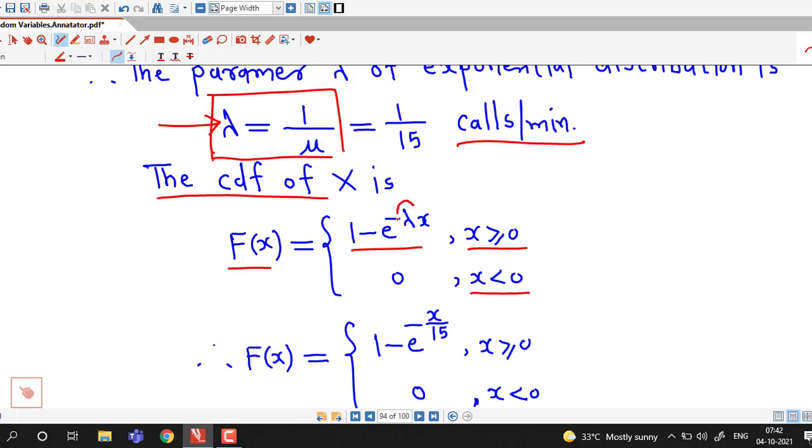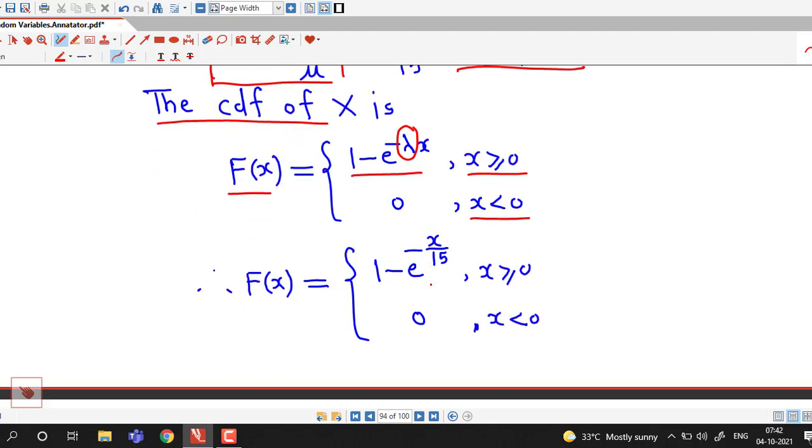Here we put lambda equal to 1 by 15 and we get F(x) as 1 minus e raised to minus x by 15 if x is non-negative and 0 if x is negative. And we know that this is nothing but the probability that time between calls, capital X, is less than or equal to small x.